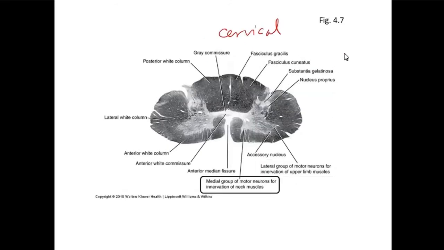Cuneatus here, cuneatus here. Now, what this is, this carries proprioceptive information for the upper trunk, upper trunk.